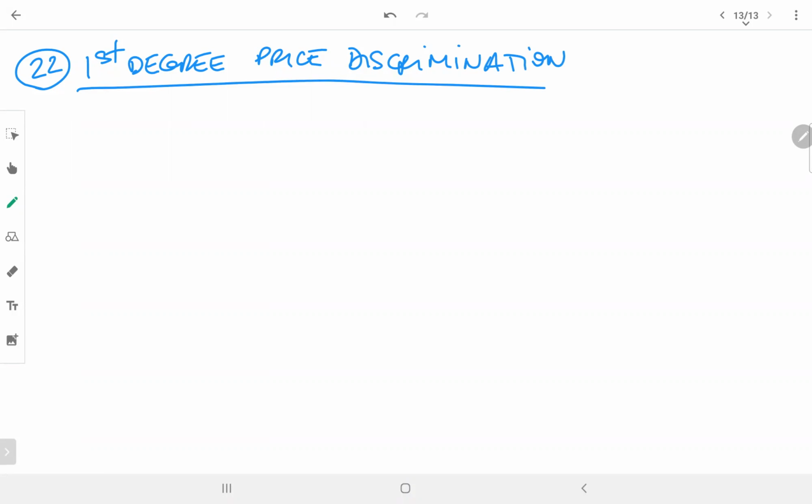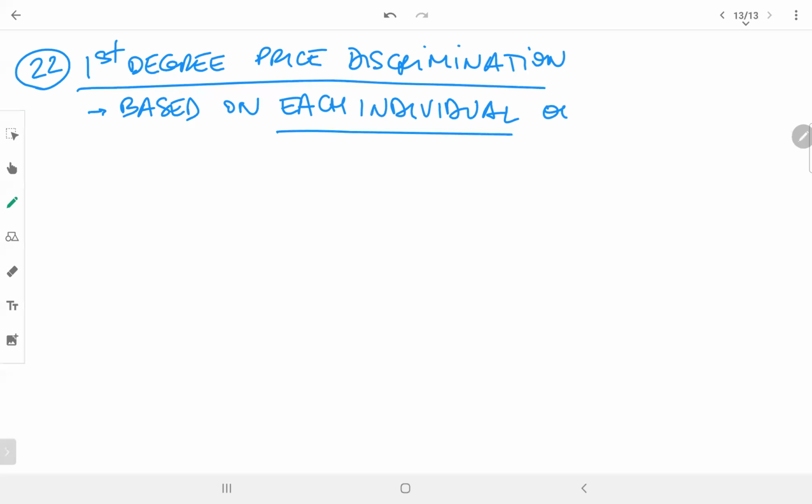I'm going to tell you what you need to write first, and then I'm going to tell you about examples. This one is based, very important, on each individual's own price elasticity of demand.